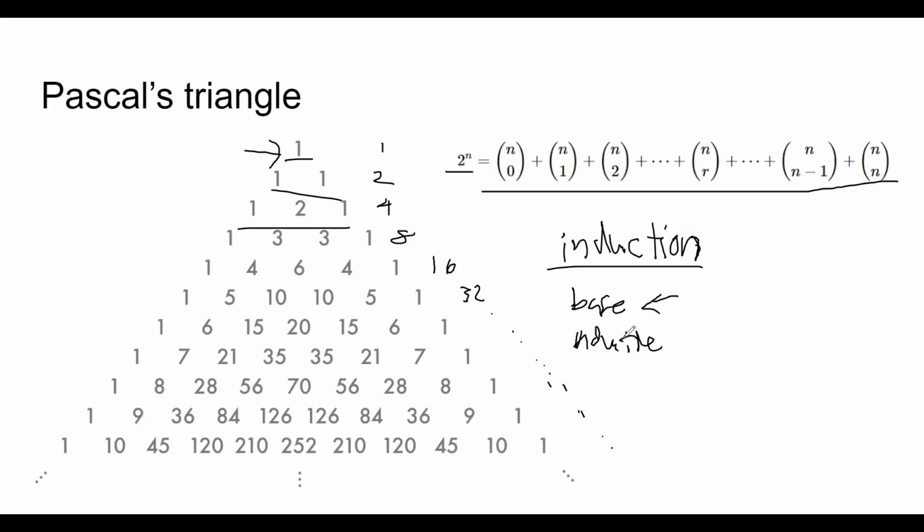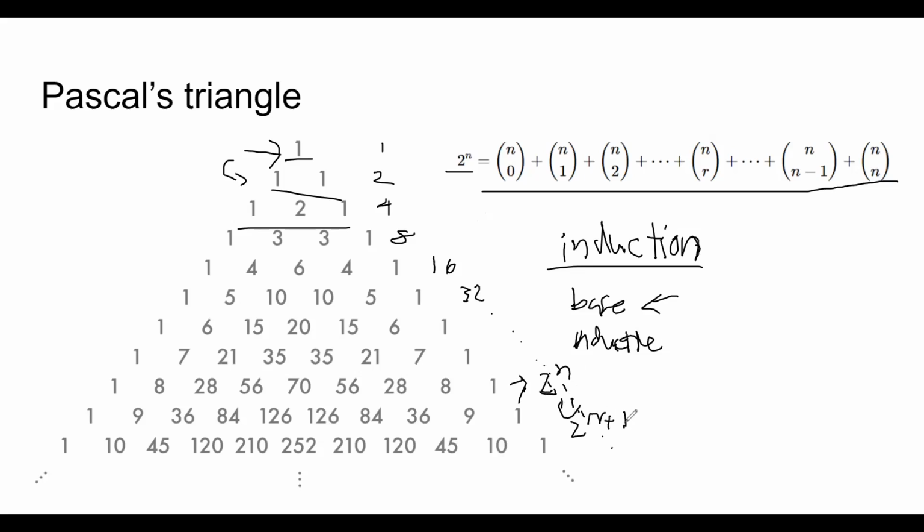And inductive just means that you can go from what you know is true to show that the next statement is also true. So essentially, if we know that this nth row sums to 2^n, then it implies that the next row sums to 2^(n+1).